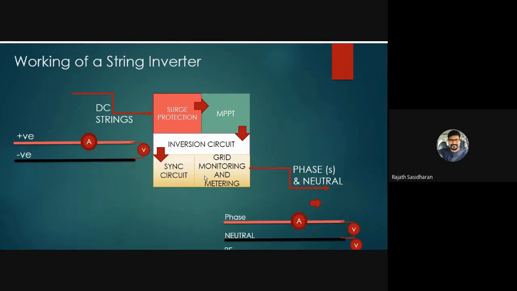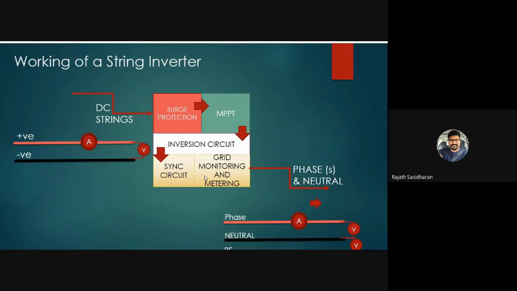But the earth is generally in the building itself, right? So it needs to tap into the grid by producing the energy to the same specification as it is available in the grid. Then only the syncing process is done. We need to make sure that the frequency is also synchronized, apart from voltages. In these kinds of inverters, you will not find a transformer inside, because it is incapable of producing its own grid.